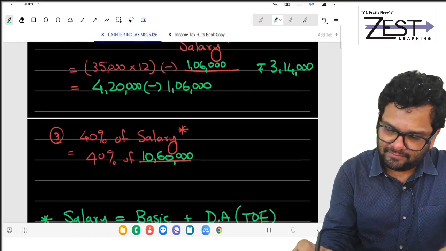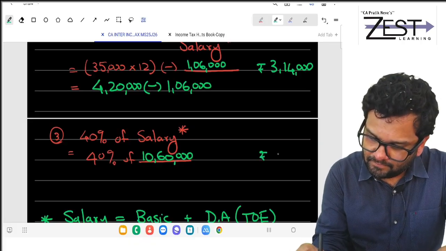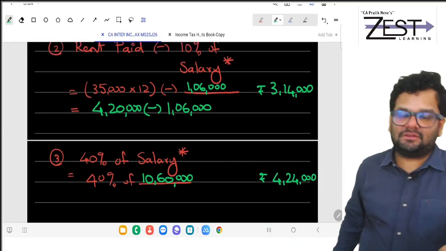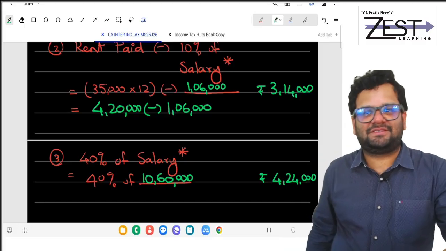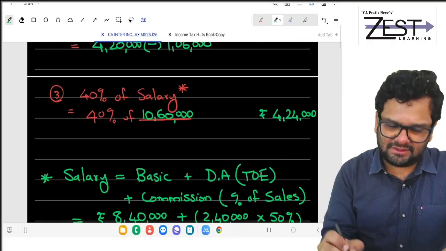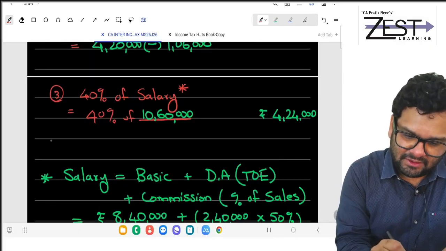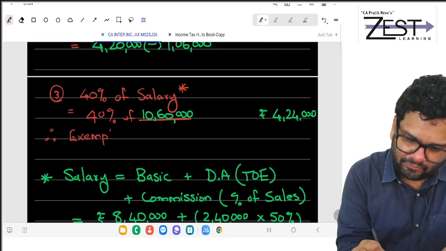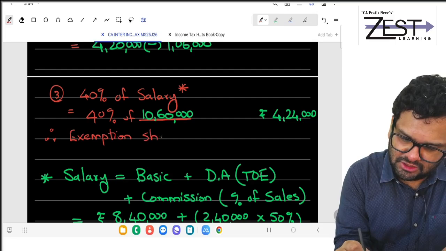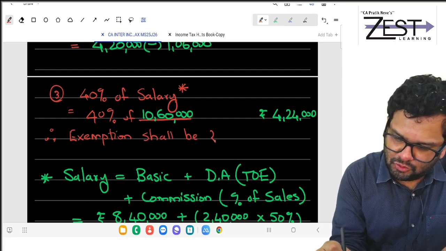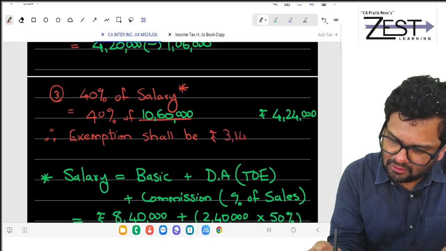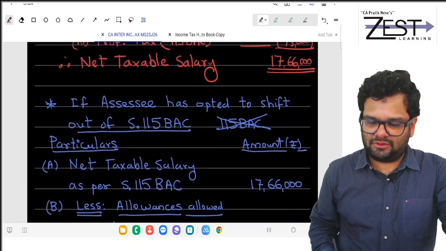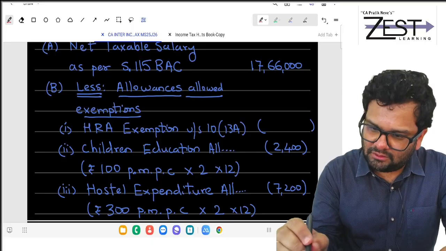What is that? So my experience is always mostly second figure will be least. Rent paid minus 10% of salary. So therefore, what is the exemption? So exemption shall be rupees 3,14,000. Please take 3,14,000.